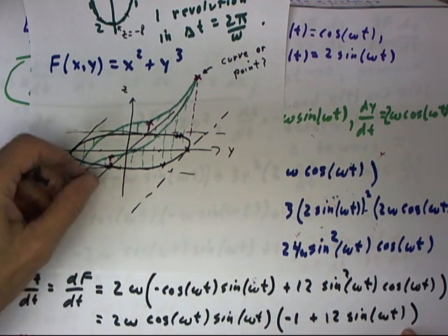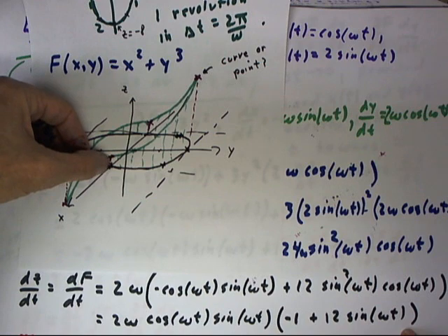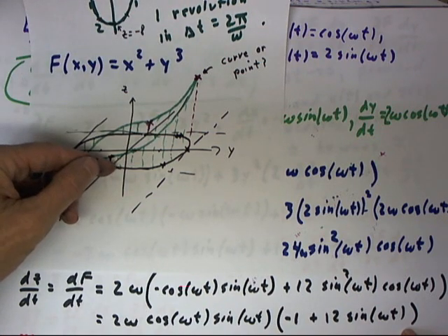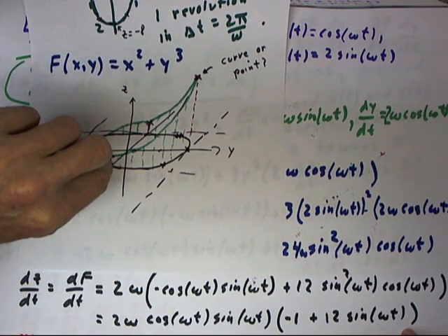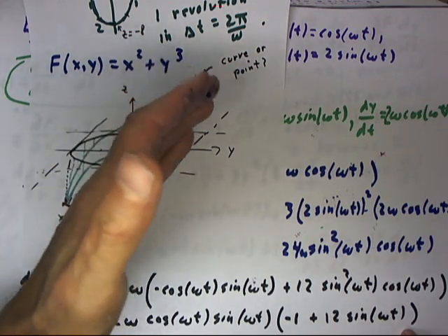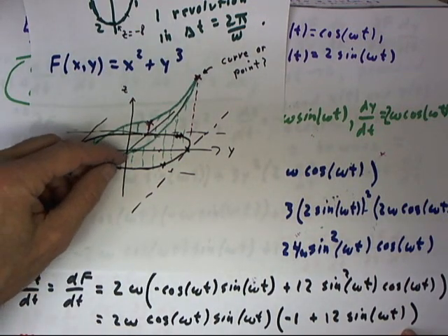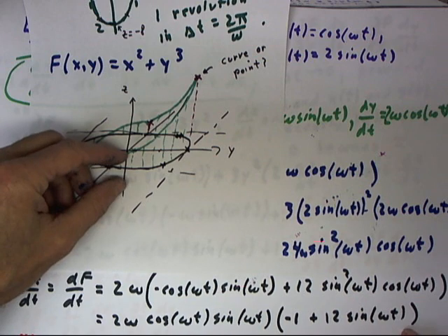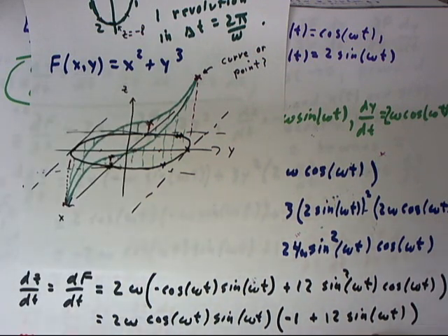So there's apparently a point not too far from the xz plane and to the right of the xz plane where this curve stops rising for an instant. And I'm having a little bit of trouble seeing that in terms of this picture. So I'll kind of leave that as an open question.